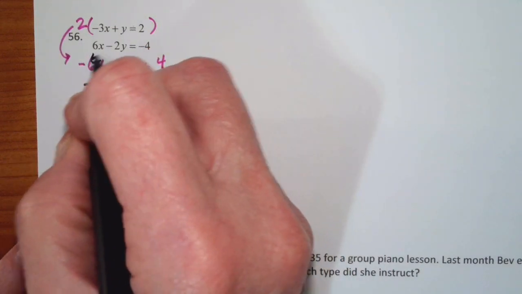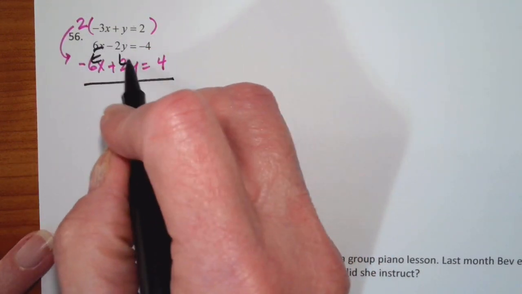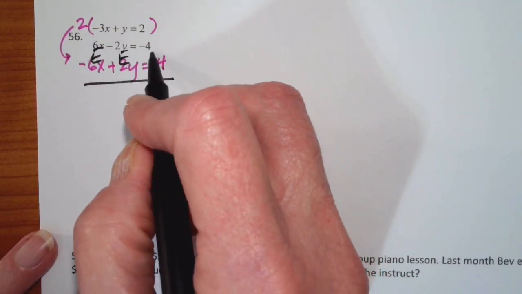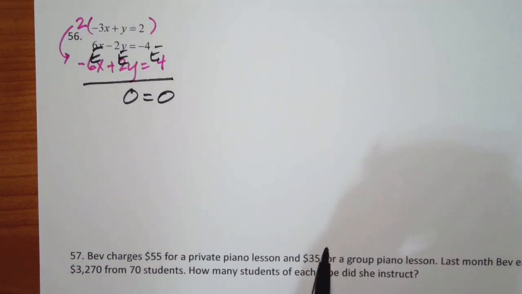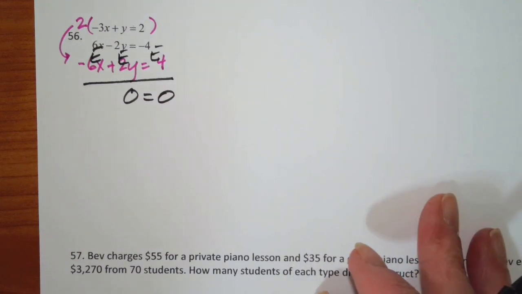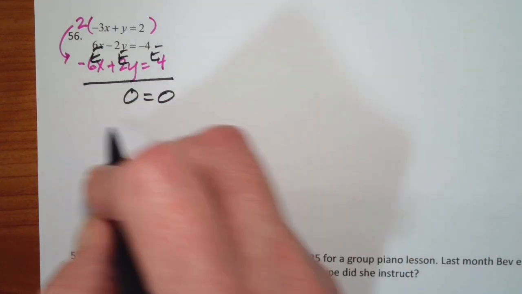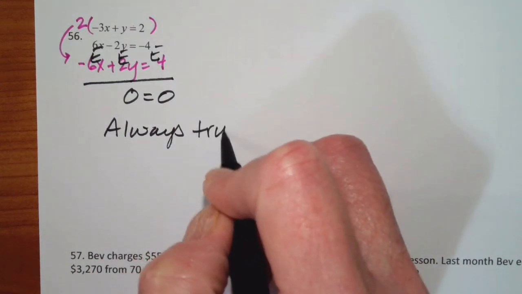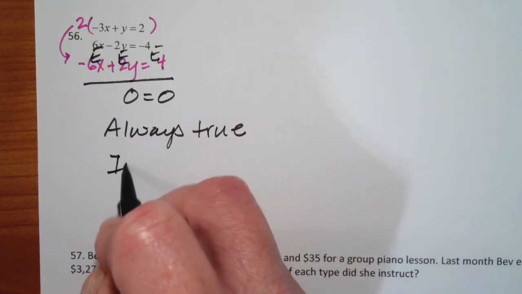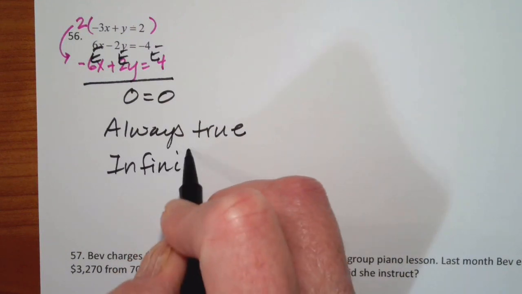Oh, well, this is eliminated, and this is eliminated, and this is eliminated. So I end up with 0 equals 0. That statement is always true. So there are an infinite number of solutions.